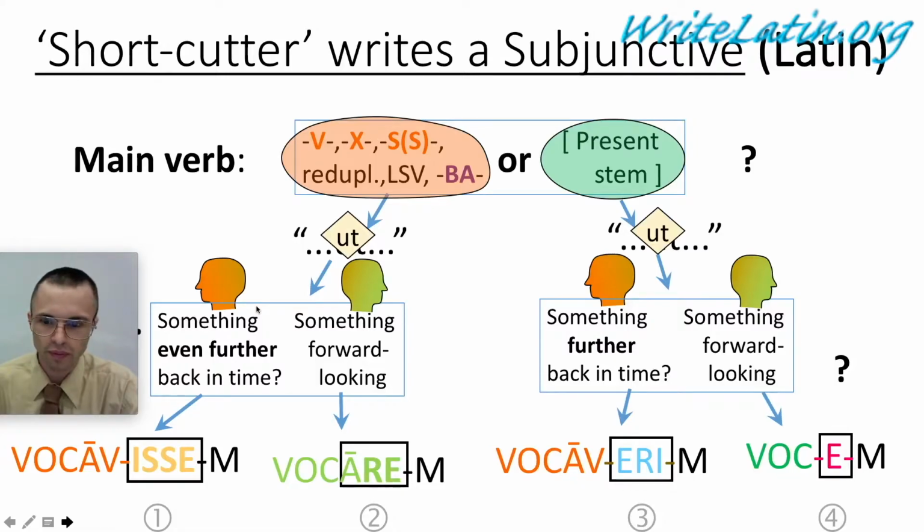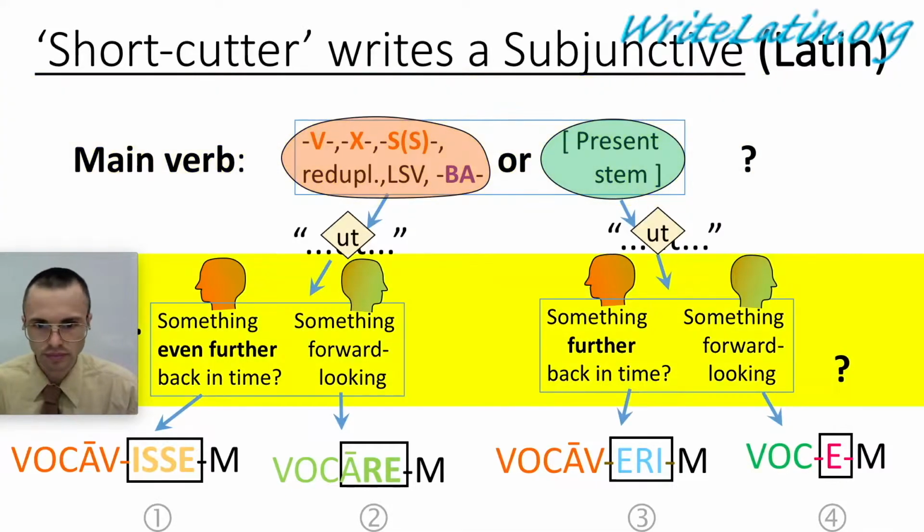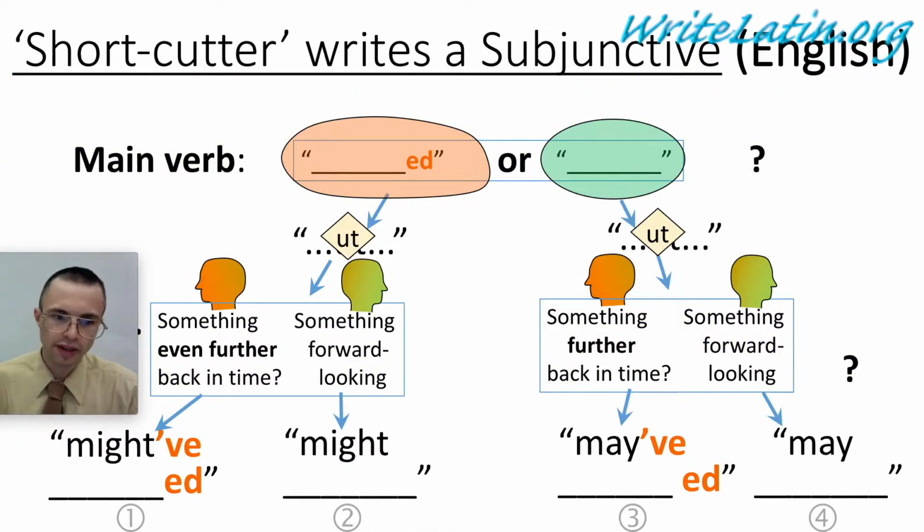Obviously, the perfect stem ones are the apostrophe VE ones, but you have to actually just know them and be able to rattle them off. And you can think about it in English like this. On the left side: I blanked so that I might blank or might have blanked. And then on the right side: I blank so that I may blank or may have blanked.